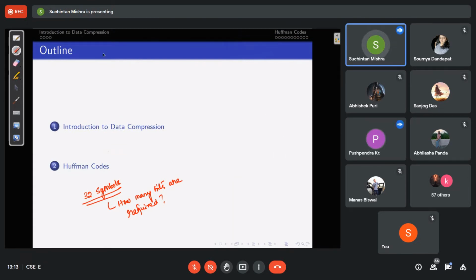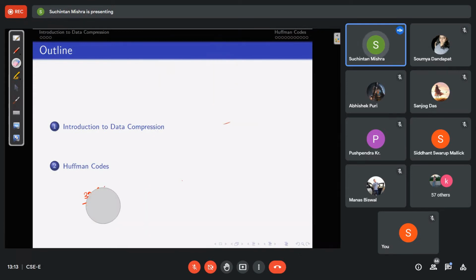Yes, 5 bits will be required. Now if I have 33 symbols, can we do it with 5 bits? No. Why? 2 to the power 5 is equal to 32. And I have 33 symbols. Okay, so at least I need 6-bit code words.